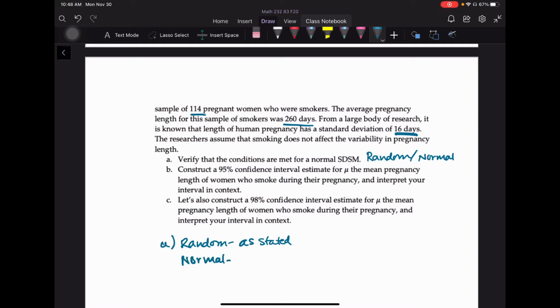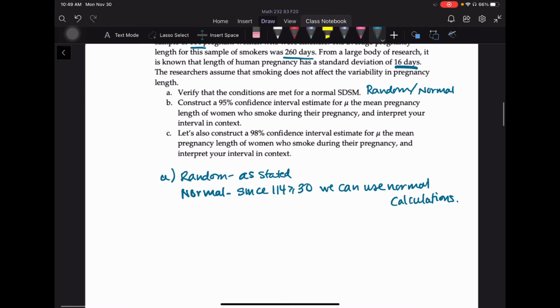You can check normal by having a population that's normal, and it would say it in the problem, which it doesn't. Or you can check by having a sample size that's greater than or equal to 30. There's a third way we can check this, but OLI doesn't really focus on it. All right, so since 114 is greater than or equal to 30, we can use normal calculations.